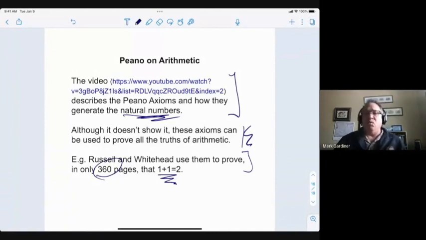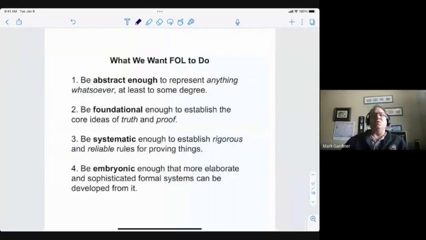So here, we want our formal system, first order logic, to be abstract enough to represent anything whatsoever, at least to some degree. We want it to be foundational enough that it can establish the basic concepts and give content to them, define them in rigorous ways, particularly the concepts of truth and proof.